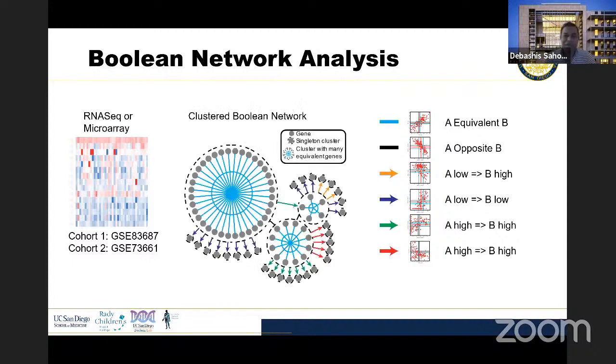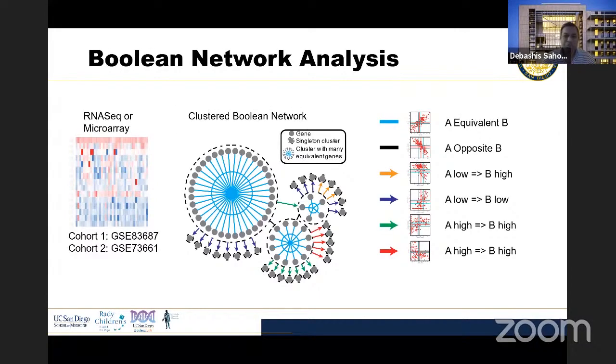And then you build this complex network with edges with directions that are determined from the asymmetric Boolean implication relationships.